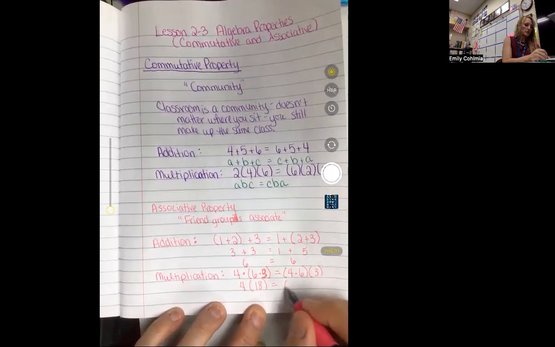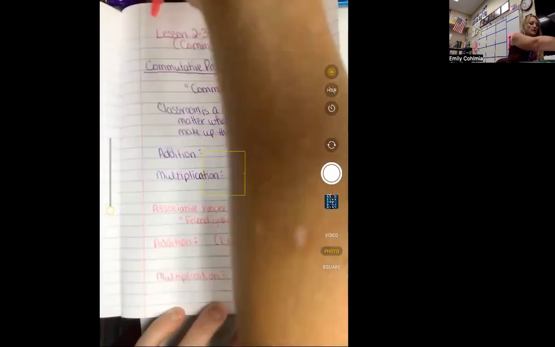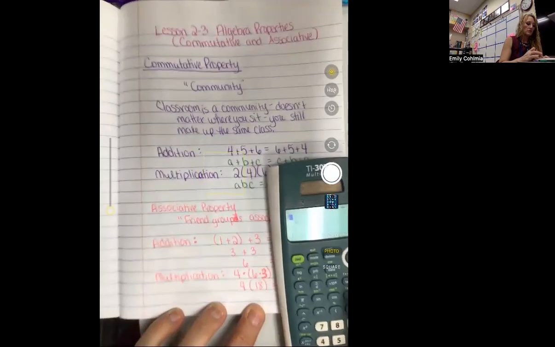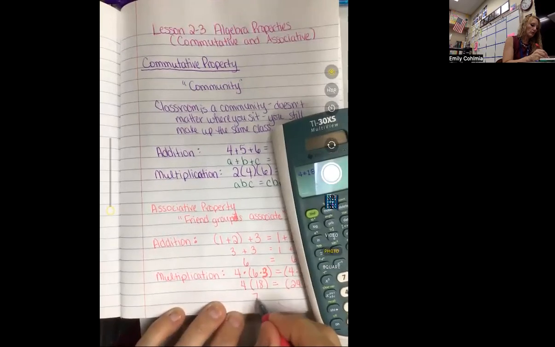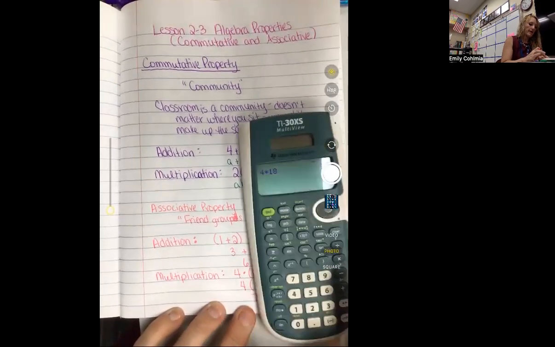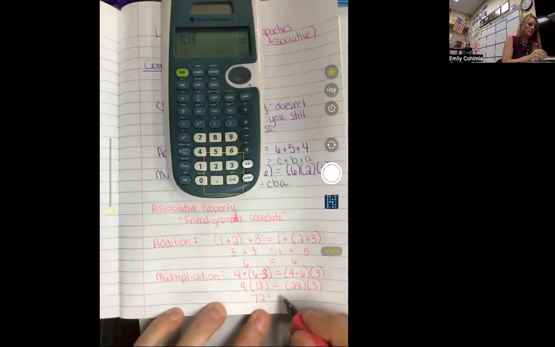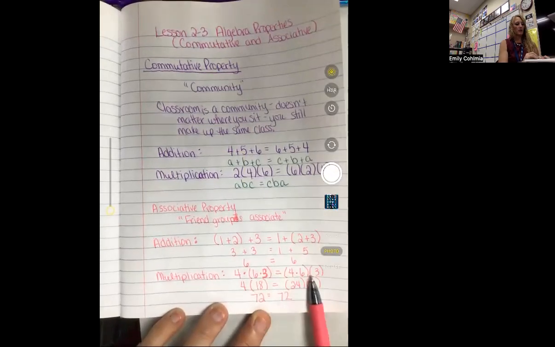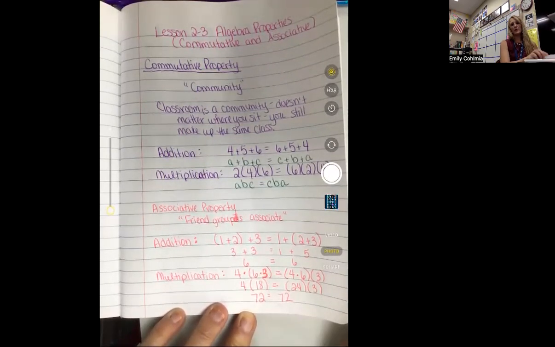And here, parentheses first would be 24 times 3. So let's see if these are the same thing. 4 times 18 gives us 72. And 24 times 3 also gives us 72. So again, if it's all multiplication, it does not matter where the parentheses are. You don't have to worry about order of operations. You can just multiply straight across. And that's what associative property is.